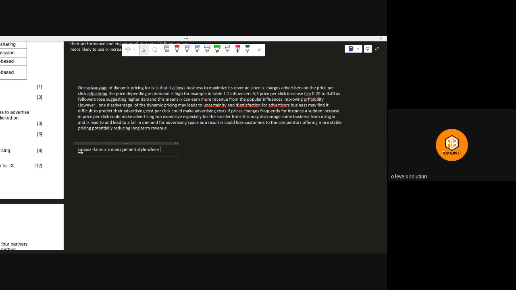where employees are given a high level of freedom to make decisions. This is the definition of laissez-faire: to make decisions with minimal supervision.